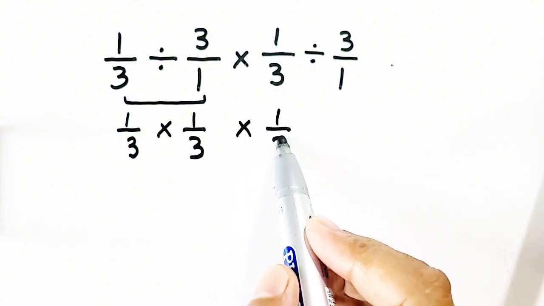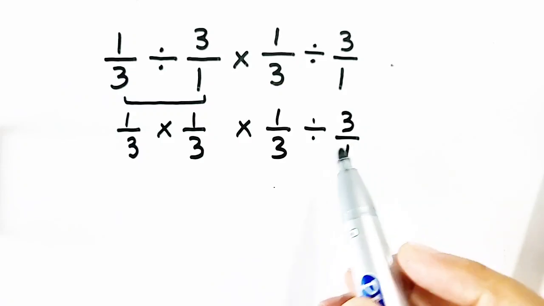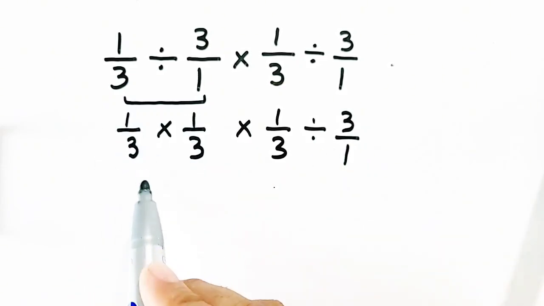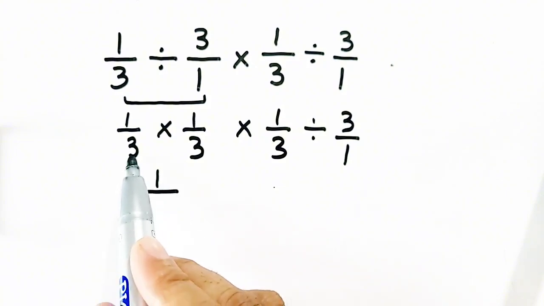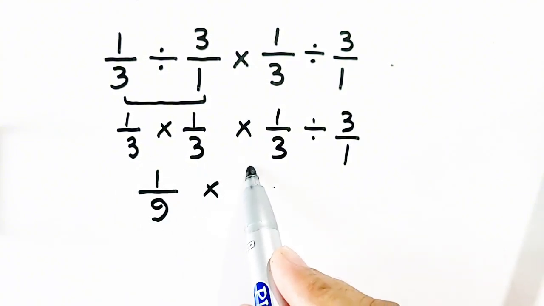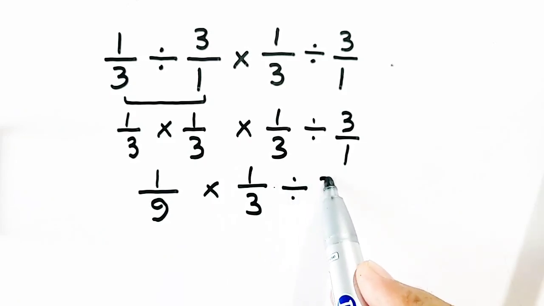Times 1/3 ÷ 3/1. It will become 1 times 1 is equal to 1, and 3 times 3 it will be 9, times 1/3 ÷ 3/1.